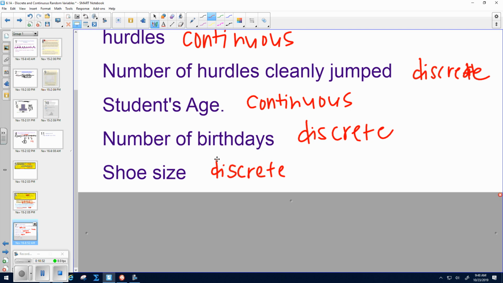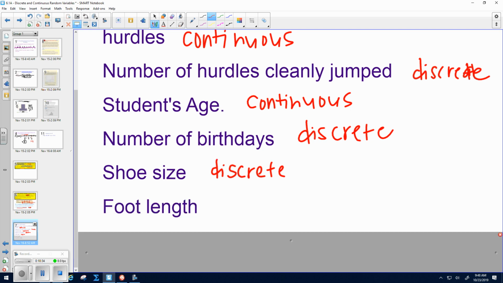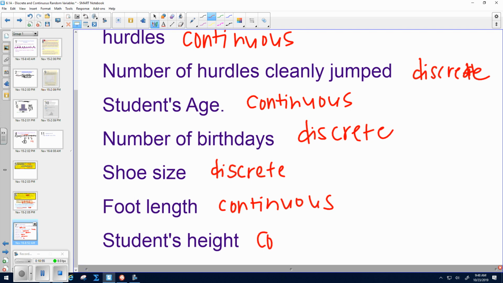However, foot length is continuous. Again, you could be measuring to the nearest centimeter or something. That might make it discrete. But otherwise, you could be in between on those tiny little centimeters. Same with student's height. That is also continuous, unless you say, like, I'm rounding to the nearest inch, right?